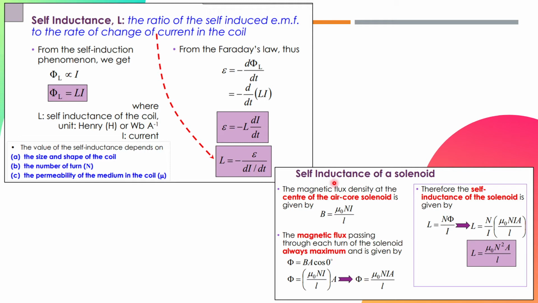And here is the self-inductance of a solenoid, given by N phi over I, where phi is the symbol of the magnetic flux passing through each turn of the solenoid, and it is equal to BA cos theta. When we rearrange the equation, L can be written as mu naught N squared A over l.